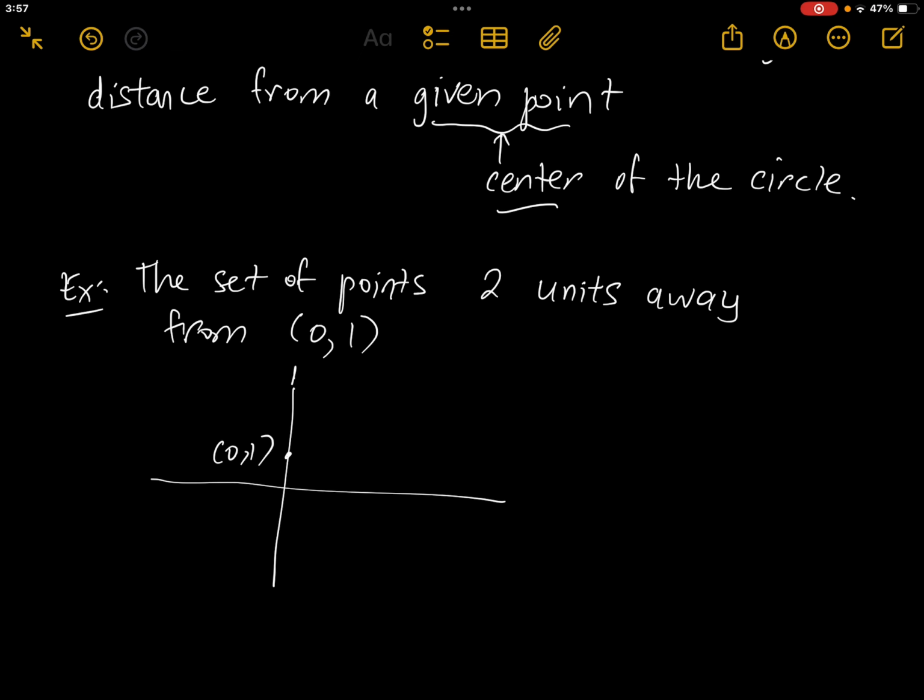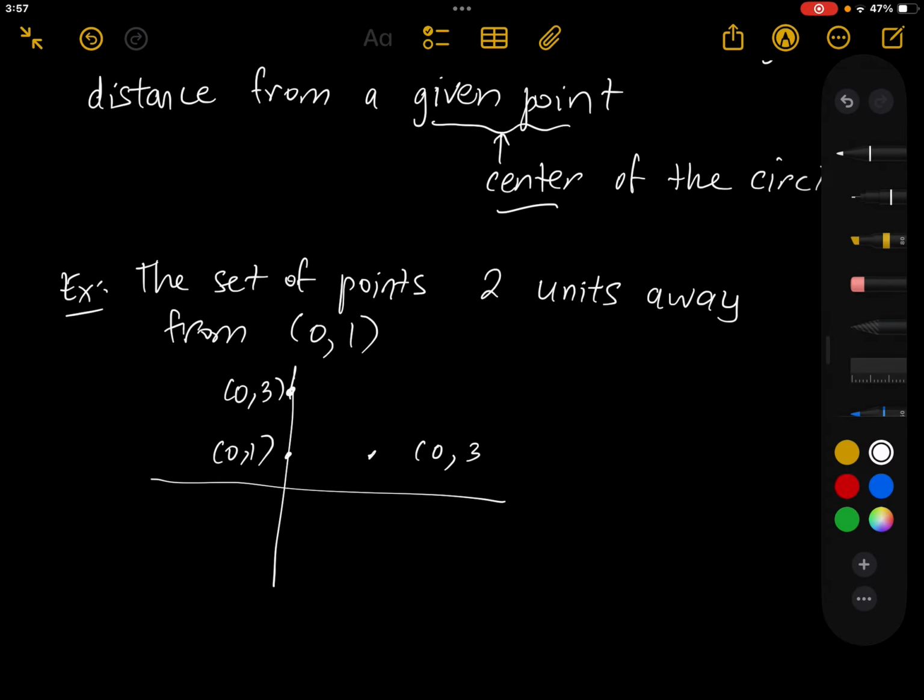Well, you can look at the points that are 2 units above, so that's (0, 3). 2 units to the right, that's (2, 1). 2 units down, so that's (0, -1). And 2 units to the left, that's (-2, 1).